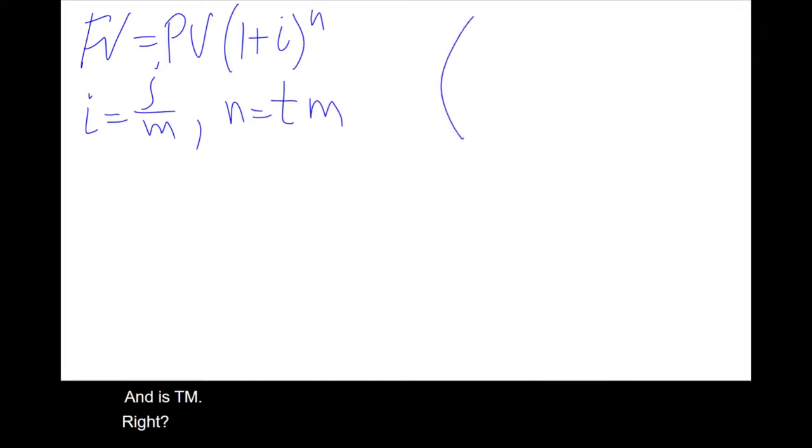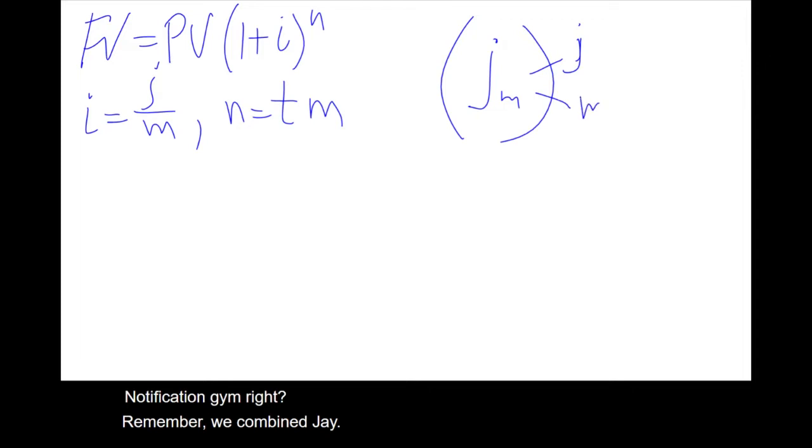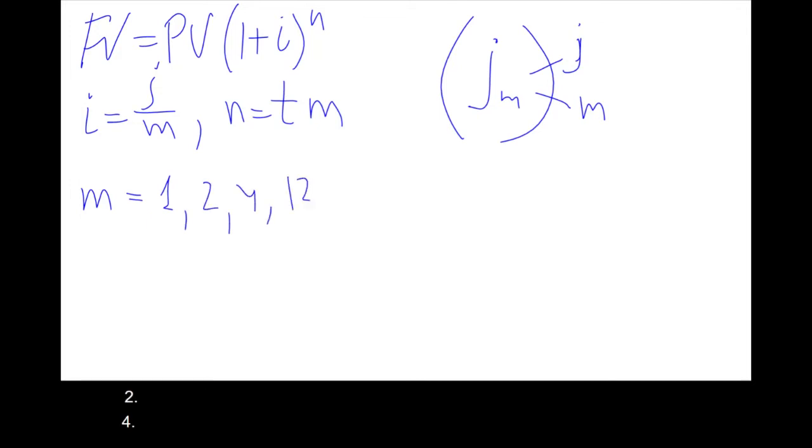And we adopted the notation Jm, right? Remember, we combined j and m together. So m could take the values 1, 2, 4, 12, 26, 52, and 365. So that's what we know so far.